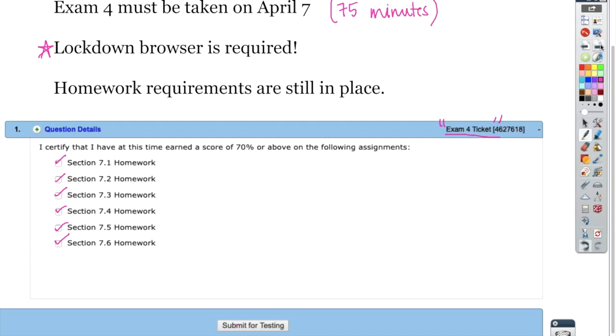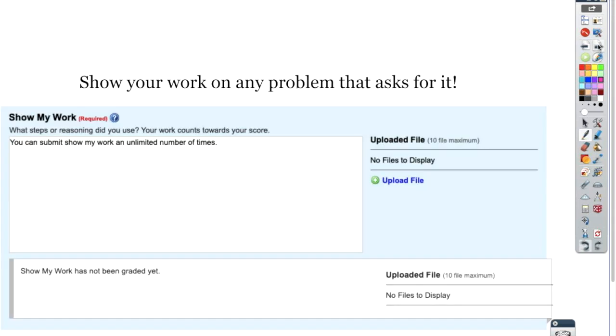Okay, so the exam is pretty much the same layout as an exam that you would take in class. So you'll start with some multiple choice problems. These are actually all given separately on the test, so I'll say this is actually problems 1 through 5 on the test. It says that it's multiple choice.